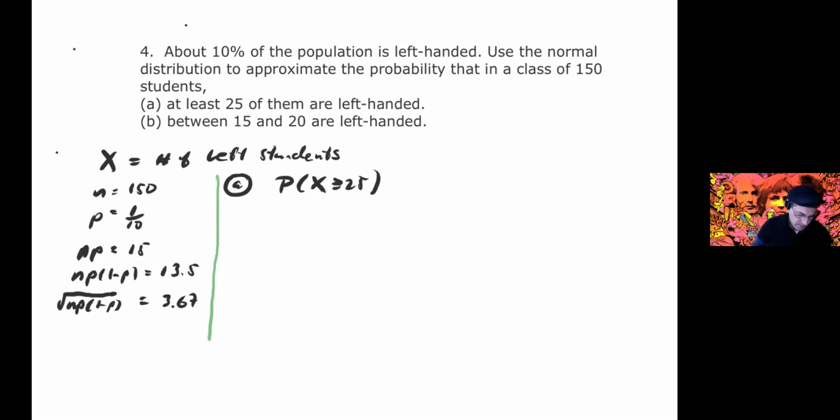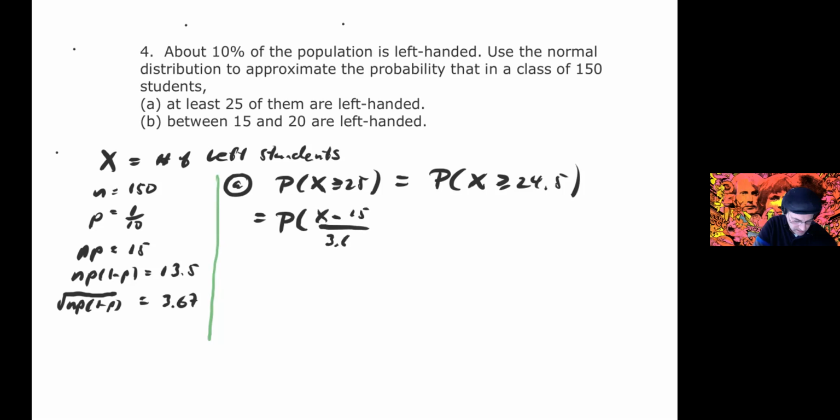At least means 25 or more, and if we use the continuity correction, that means that x is at least 24.5 because x is integer valued. That's the same thing by normalization as (x minus np, which is 15) divided by 3.67 being greater than (24.5 minus 15) over 3.67.